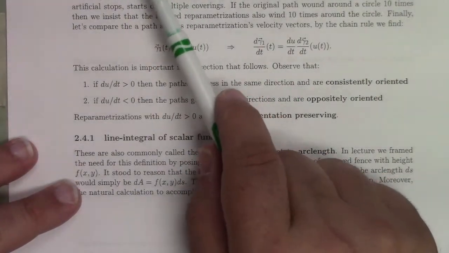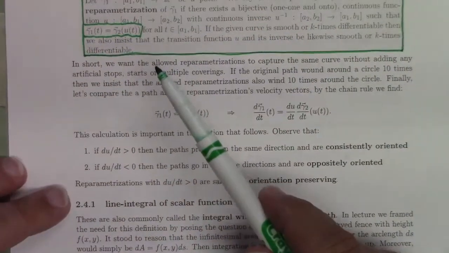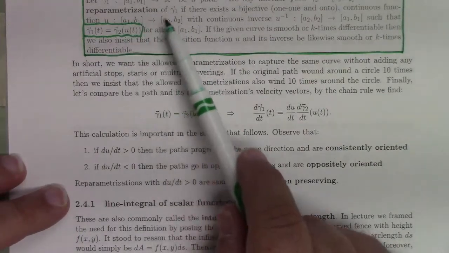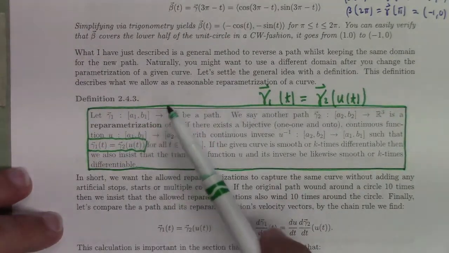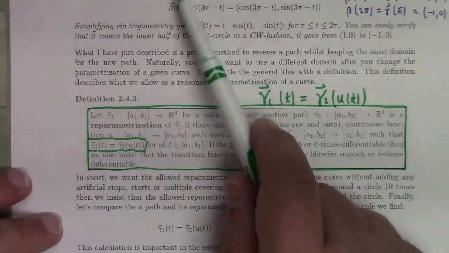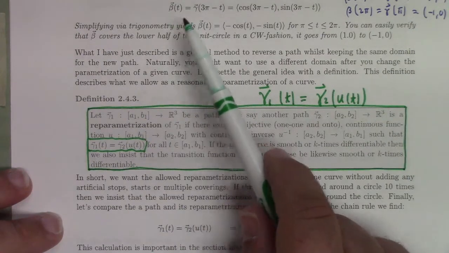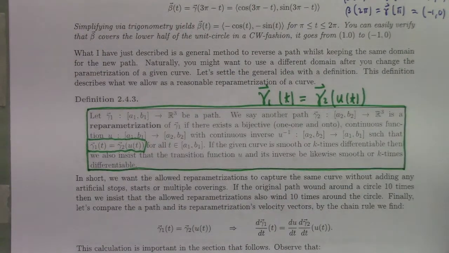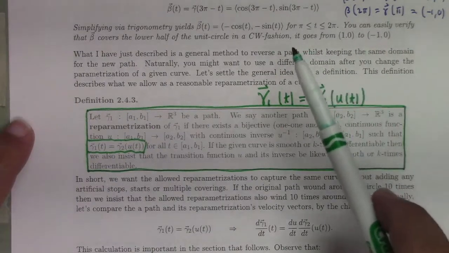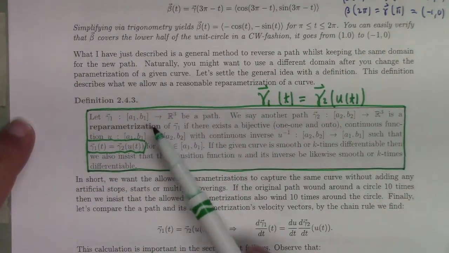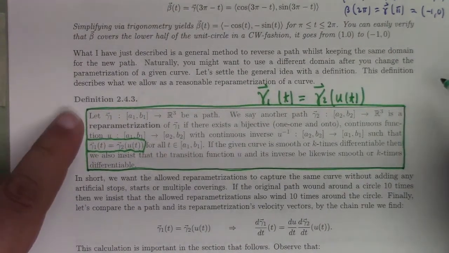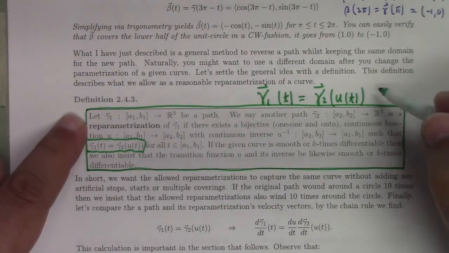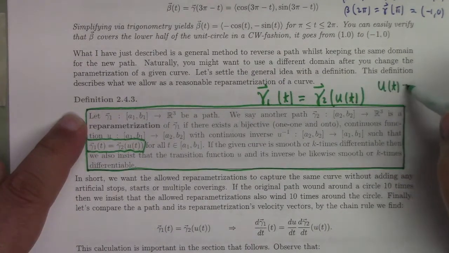It just so happens that in my example before, I have both of these intervals being the same. Like example 2.4.2, both the first and the second. If you think about gamma being gamma 1 and beta being gamma 2, I think that's an example of reparameterization actually, where A1, B1 is pi to 2 pi and A2, B2 is pi to 2 pi, and explicitly u of t in that example is what? 3 pi minus t.